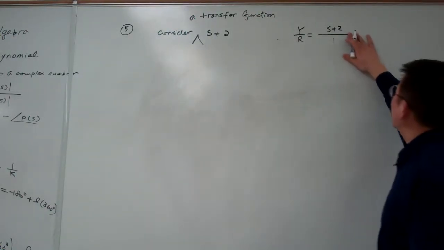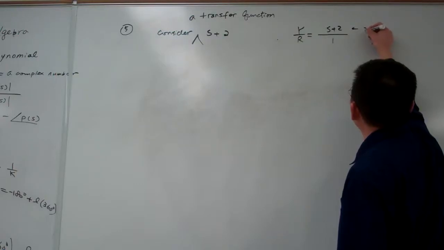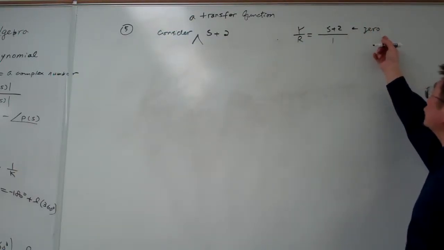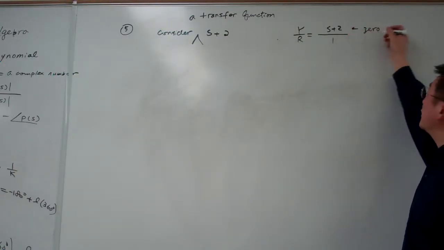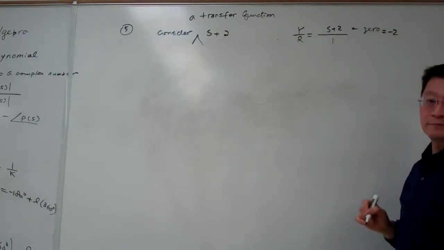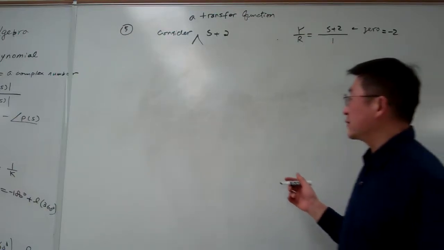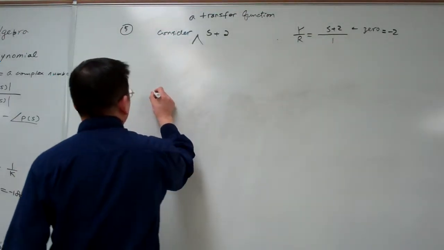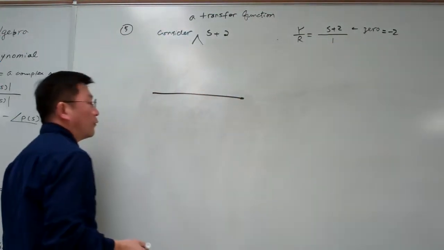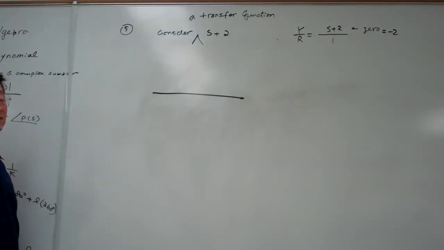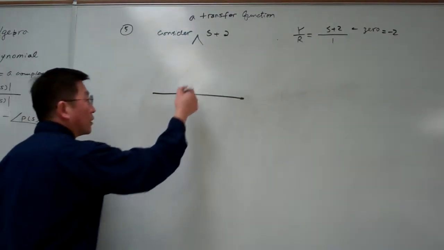In this case, you can see here we have a zero, which means the root of the numerator polynomial equals minus 2, right? I simply plug in to combine the concept of control. Here I want to give you the graphical meaning of this operation.